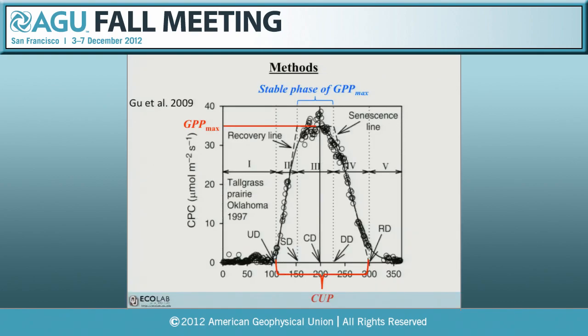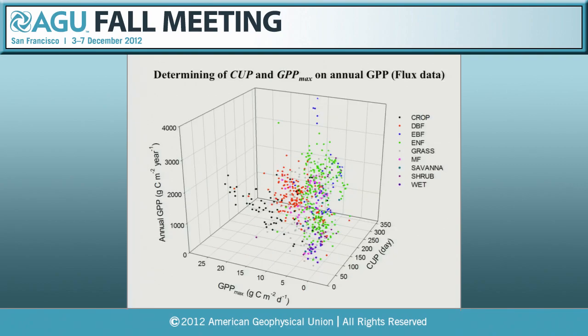We use the method developed by Lianhong Gu to analyze the phenology and the physiology, using the so-called calculated CUP and the so-called stabilized phase of maximum GPP. If we just plot the annual GPP against the two variables, CUP and GPP max, we actually don't see much of a relationship at all.